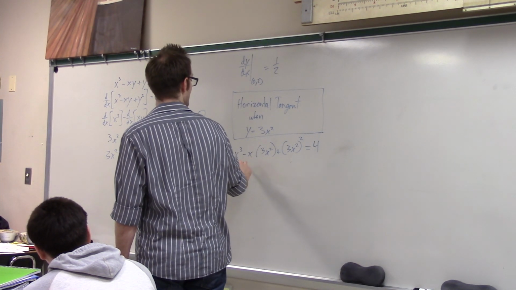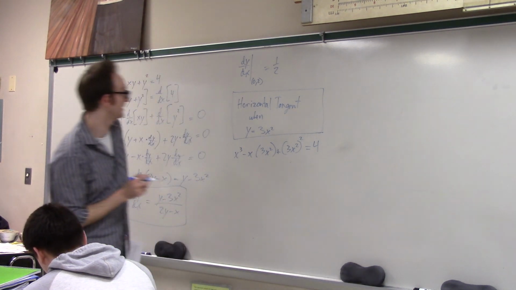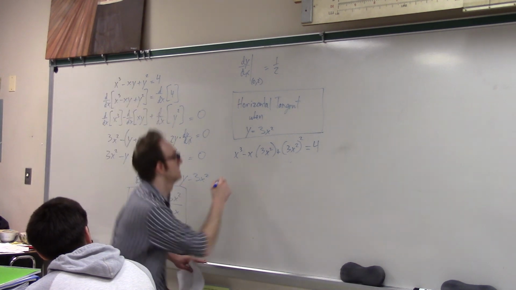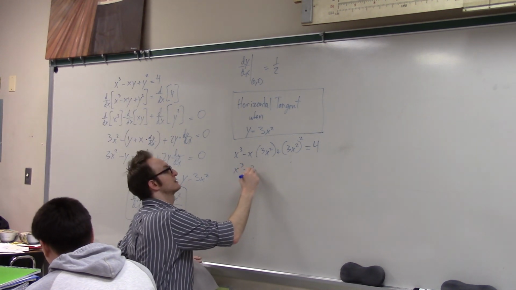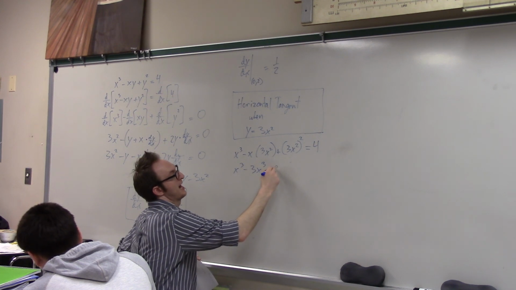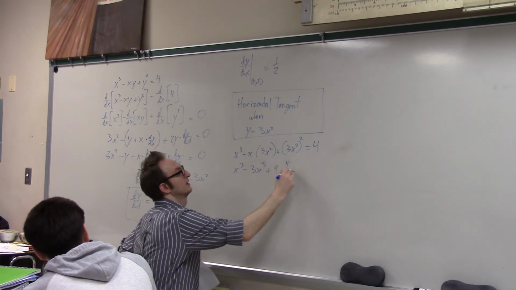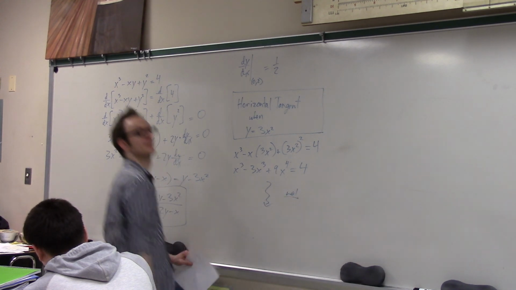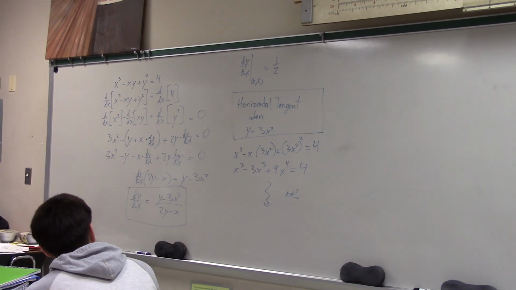This is x cubed minus 3x cubed plus 9x to the 4th equals 4. I don't really feel like solving that equation, so I'm going to write no for now. But looking at the graph, there do appear to be some places where the tangent is horizontal.